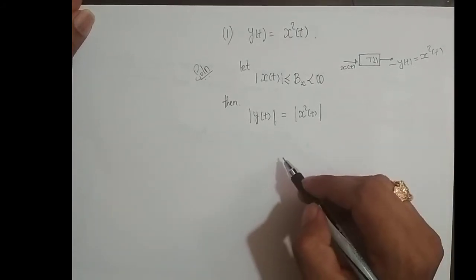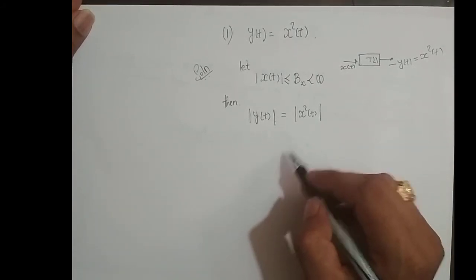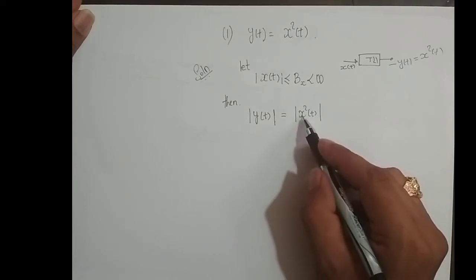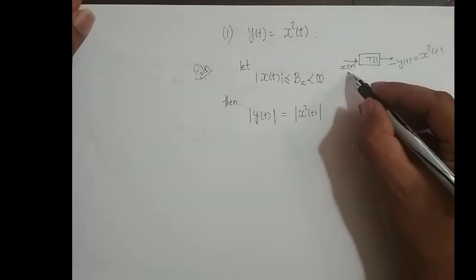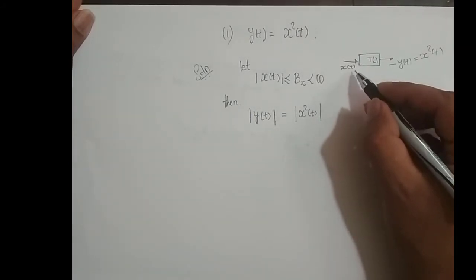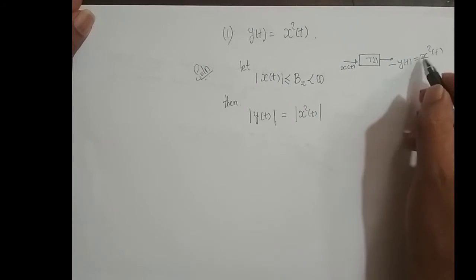And is this bounded? I mean, is x²(t) bounded? For example, if I give an input amplitude of 10, the output from the system is 10 squared, right?